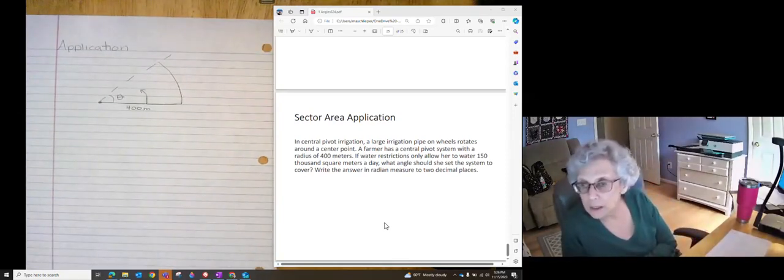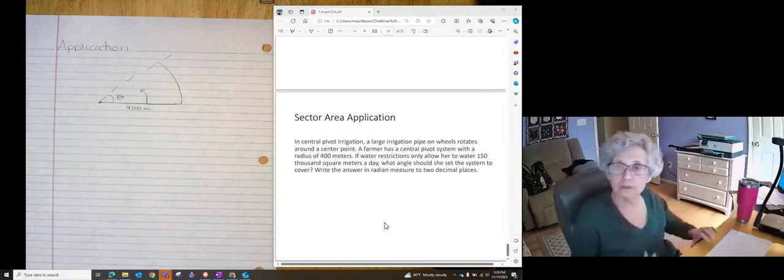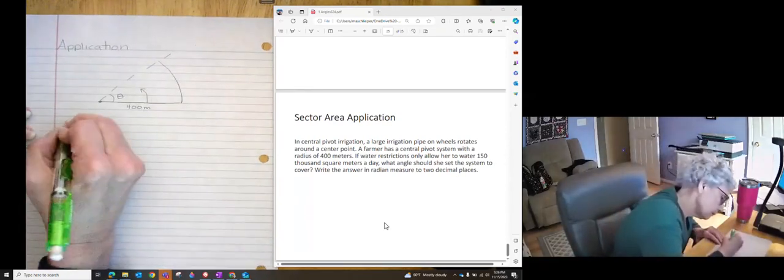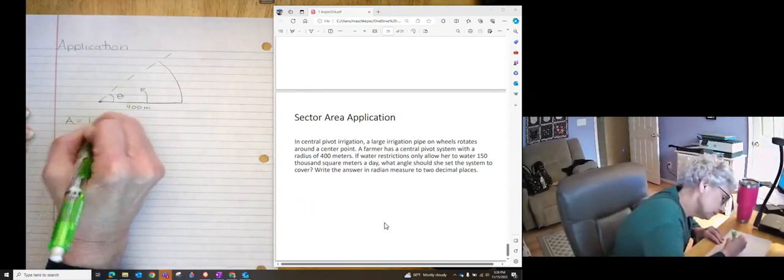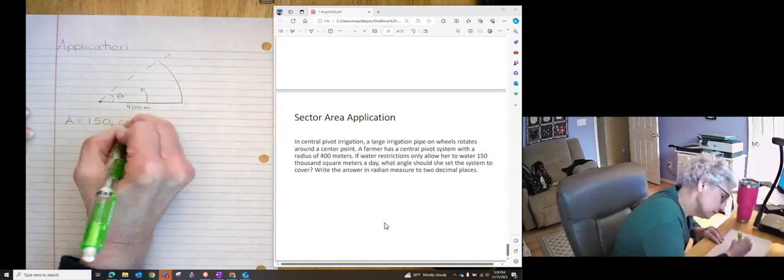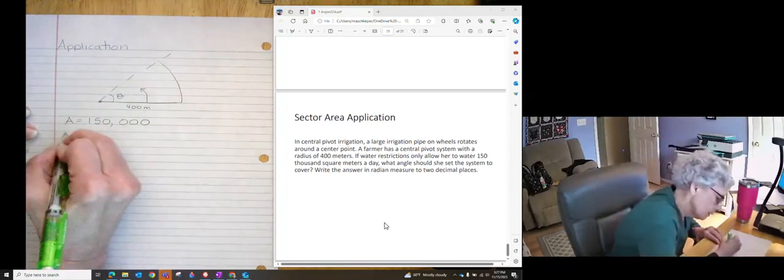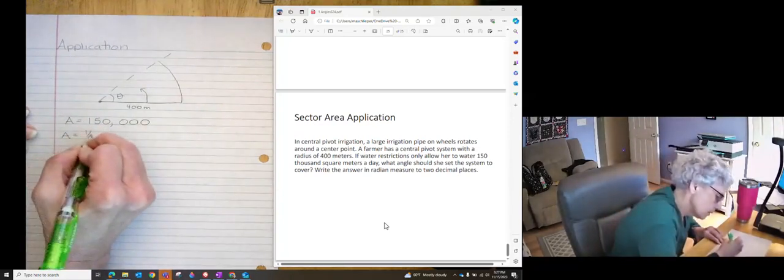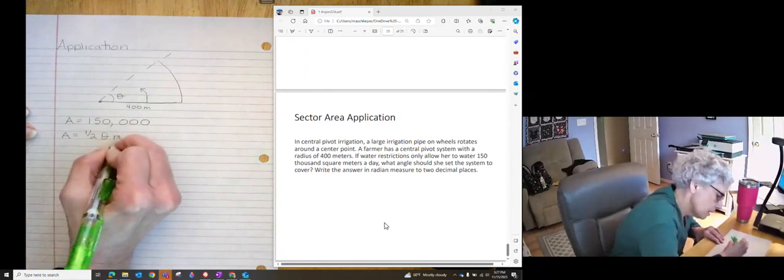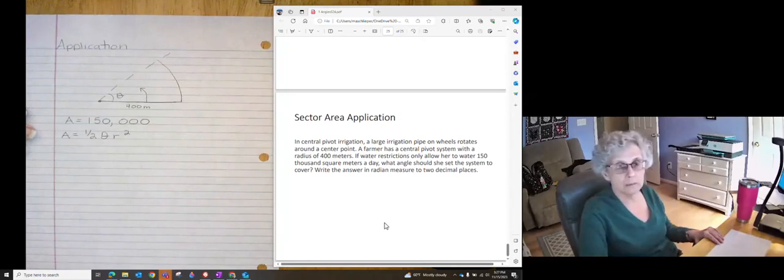Now, we want the area to be equal to 150,000. But I know a formula for area. Area has to be equal to 1/2 theta r squared.